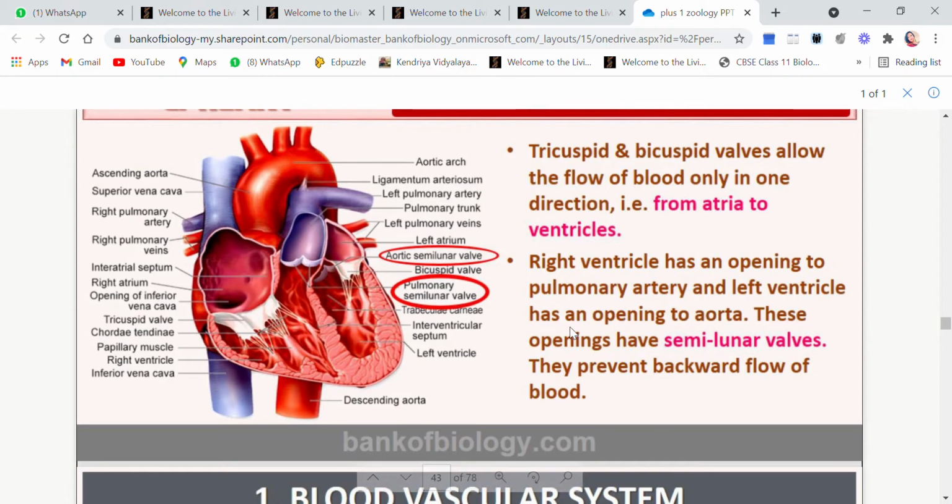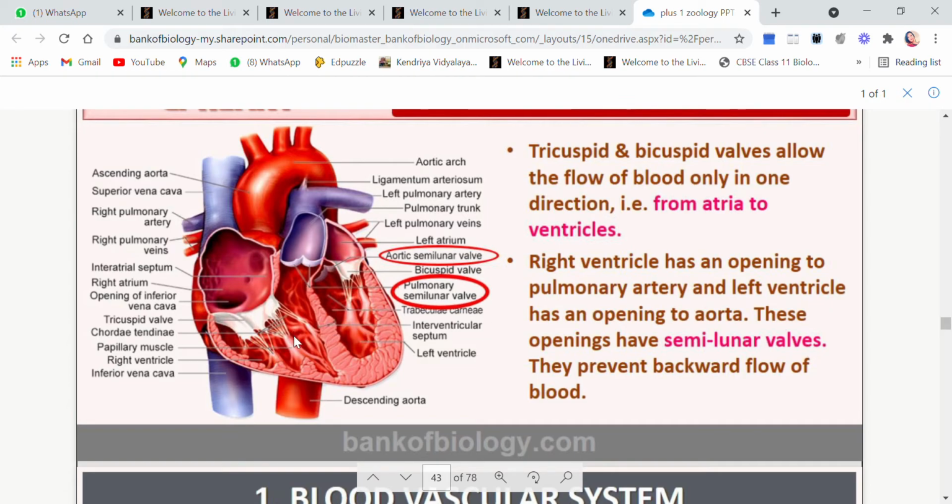Similarly, there is another opening which is connecting left ventricle to aorta. Left ventricle to aorta. And these openings are called semilunar valves.